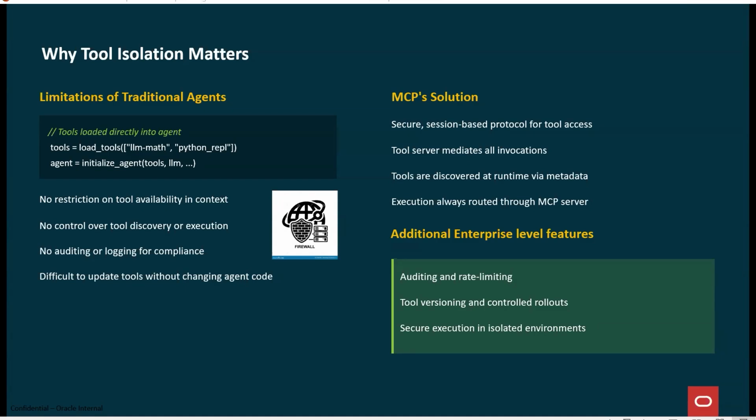For enterprises, MCP also adds extra features like auditing and rate limiting for compliance and governance. And you get tool versioning and controlled rollouts. You can upgrade quickly and safely, with secure execution in isolated environments, which is critical for sensitive data.